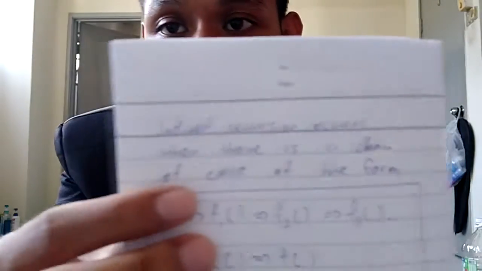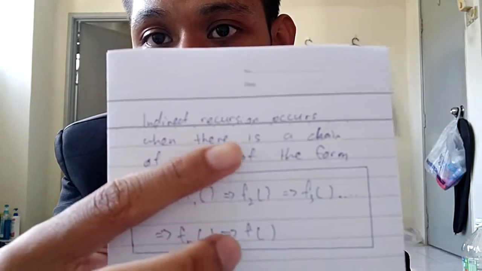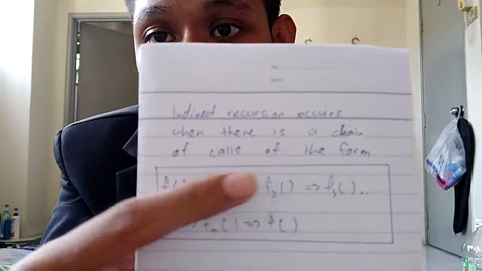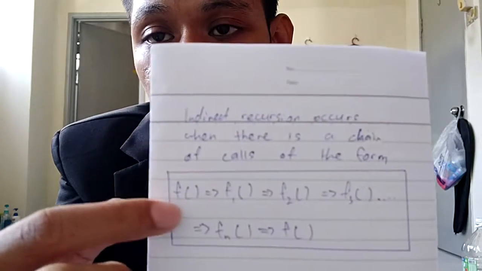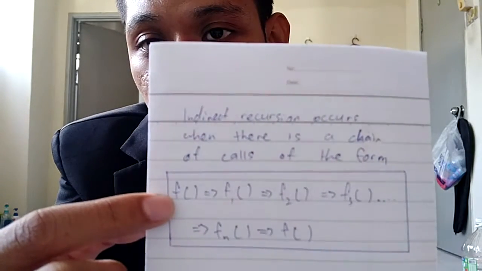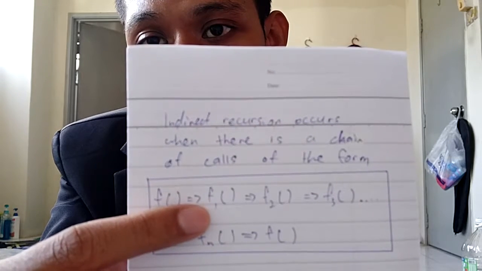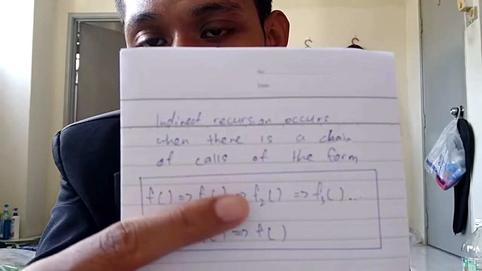Okay, indirect recursion can occur when there is a chain of calls of the form where f calls the f1 function. In the f1 function, it calls the f2 function.